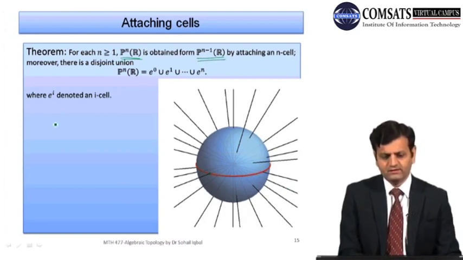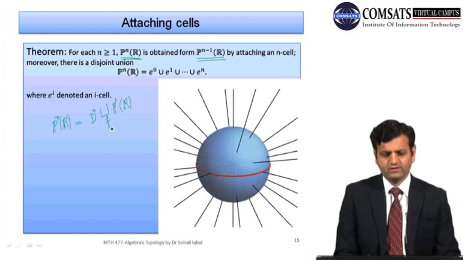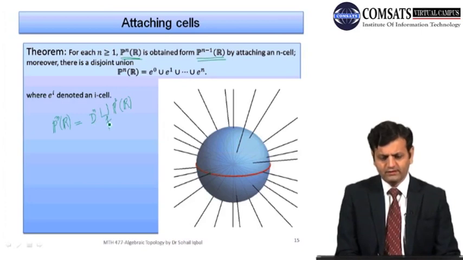In other words, if I have a 3-dimensional real projective space, then I can obtain it by attaching a 3-cell to the 2-dimensional real projective space, of course along some function f. In order to do that, what do I need? I need a function f from the boundary. In this case n is 3, so I need a function from the boundary of D3. So what is the boundary of D3?